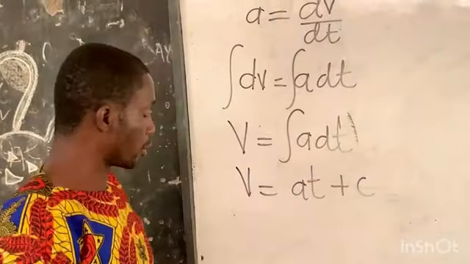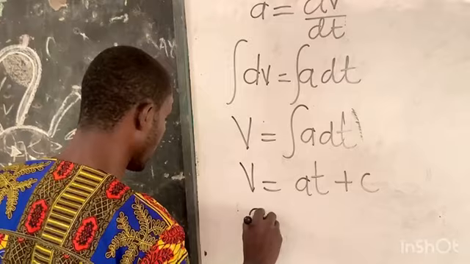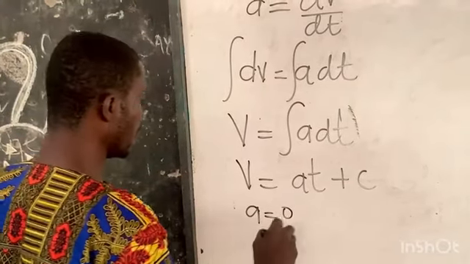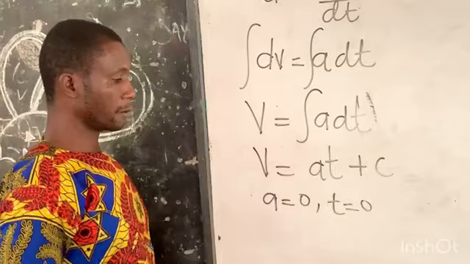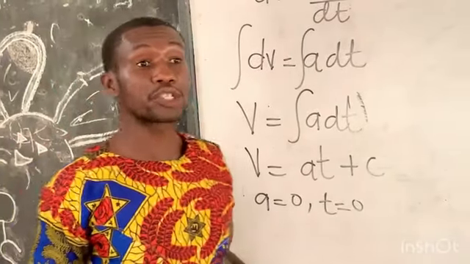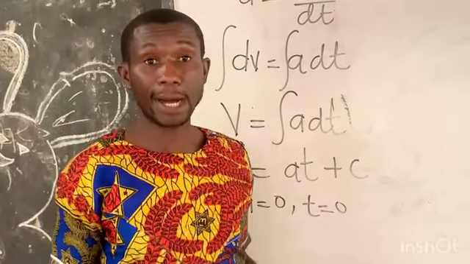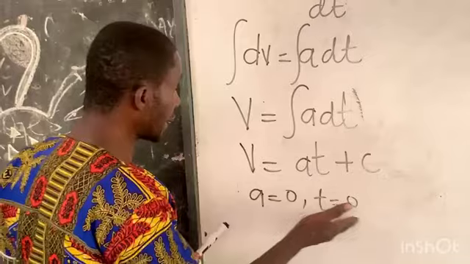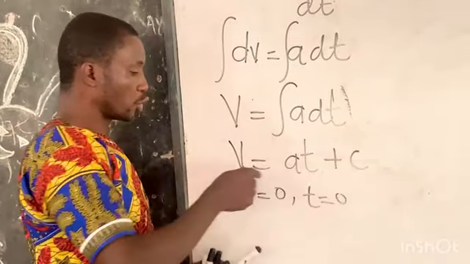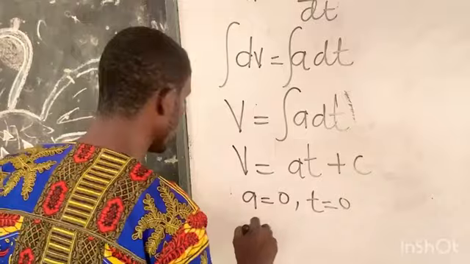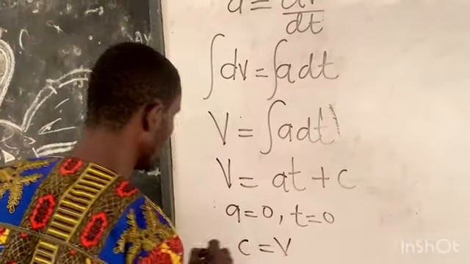When acceleration is 0, when a is equal to 0, then t also becomes 0. When there's no acceleration, time does not count. Then t becomes 0 when a is equal to 0. In that case, we can have c is equal to v.